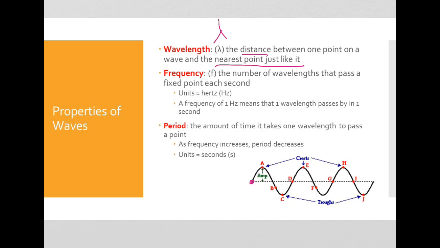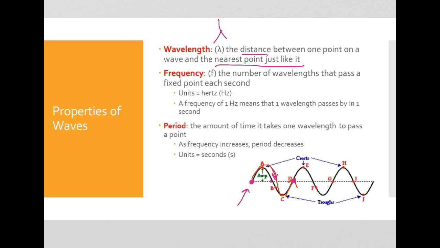If you think about the way the wave is moving, I'm going up, then down, then up again. So my wavelength will actually go from this point to this point D over here, because here I was going up when I got to that point. Here I'm going down. Therefore, it's not just like it. It might be the same place, but it is not just like the one that I had before.